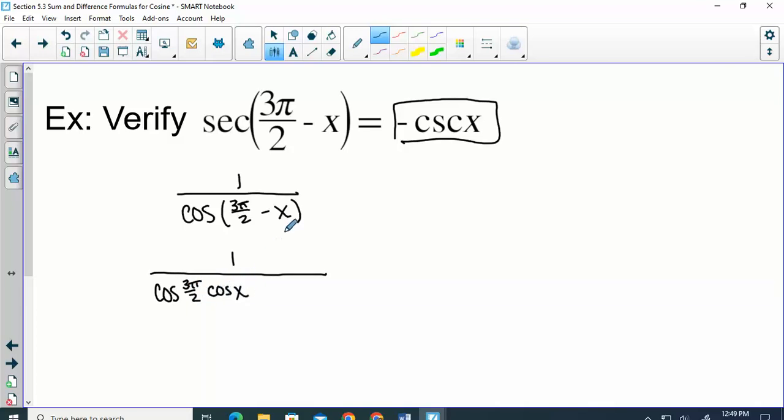The negative just tells me I'm using the subtraction formula. Is everybody okay there?